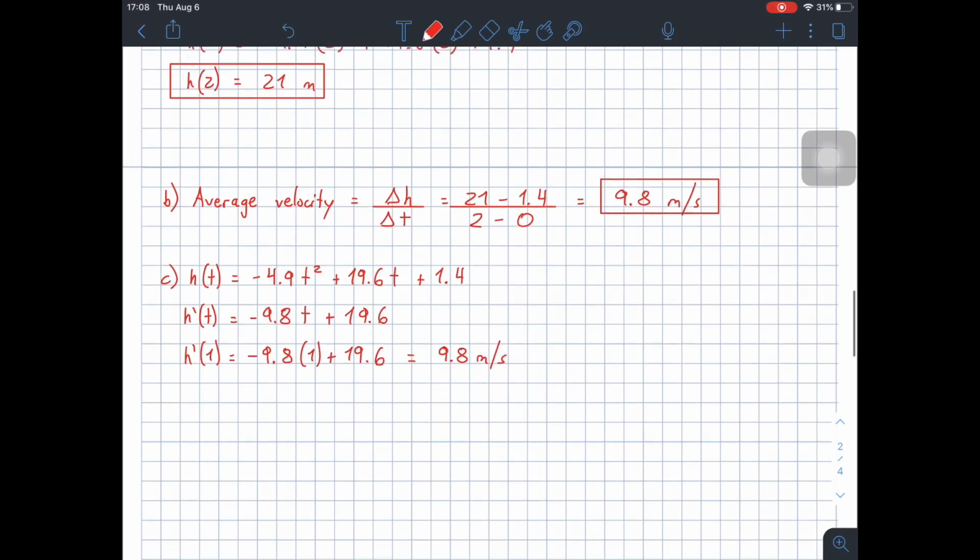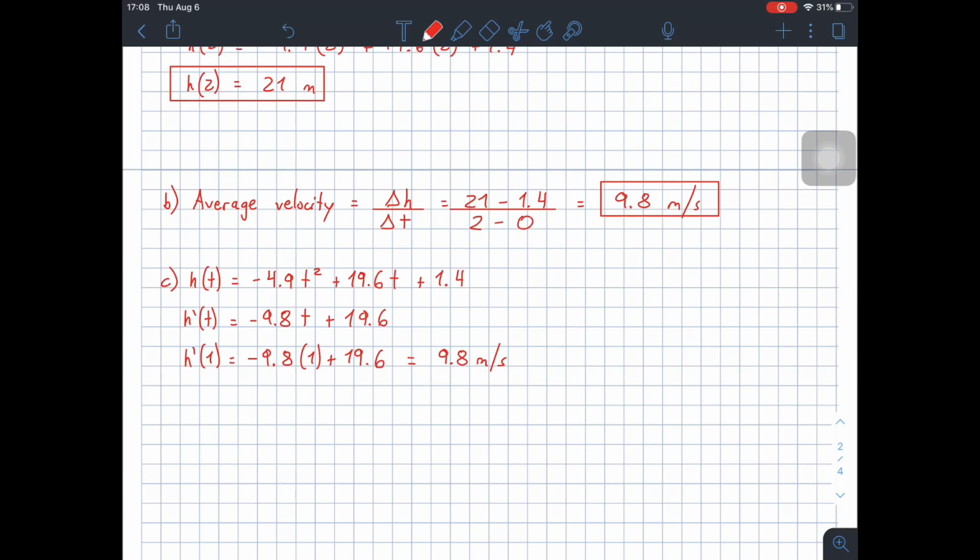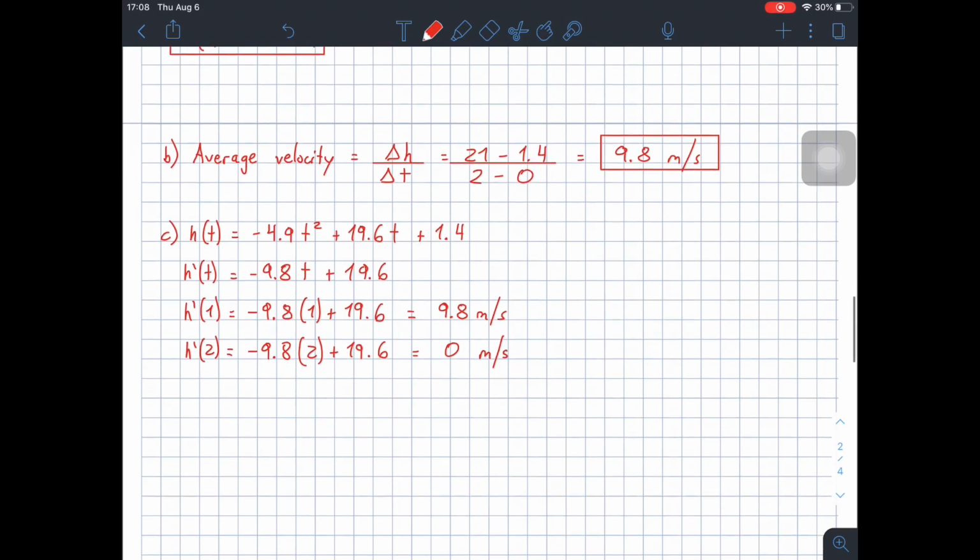Okay, we're going to analyze what this means in a second. First of all, I'm going to find all of the values. h prime of 2 is negative 9.8 times 2 plus 19.6. This gives us a result of 0 meters per second. And finally, h prime of 3 is negative 9.8 times 3 plus 19.6. And this would give us a negative value. It's negative 9.8 meters per second.